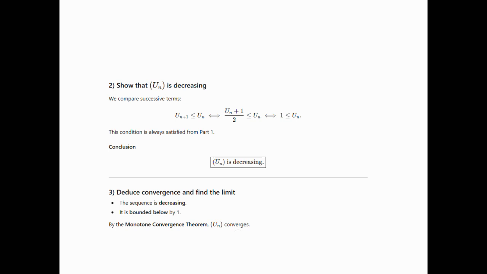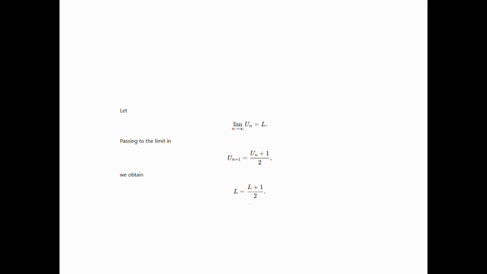The last part is for finding convergence and the limit. Remember that our sequence is decreasing and bounded below by 1. By the monotone convergence theorem, this simply means that the limit as n approaches infinity of un is equal to r.